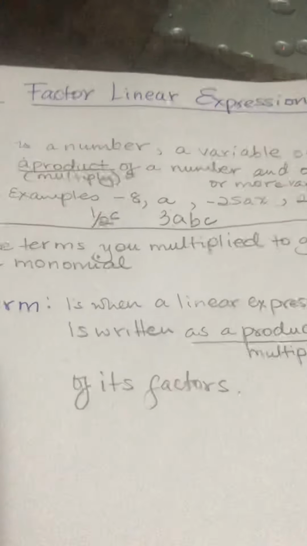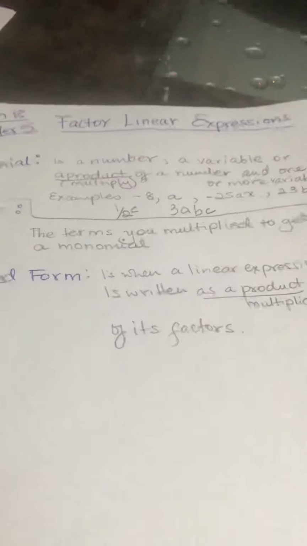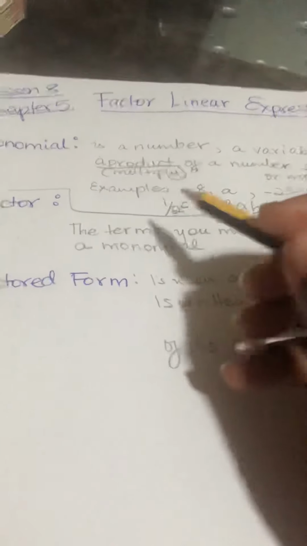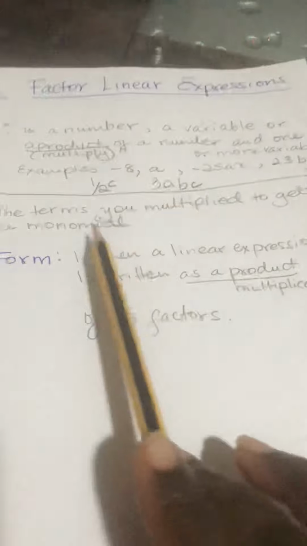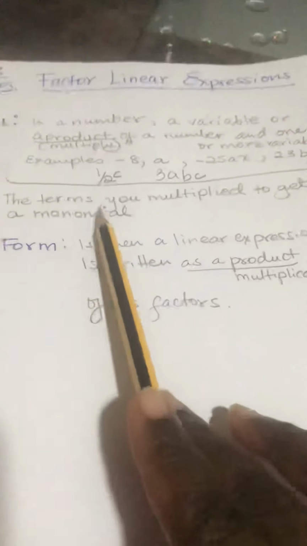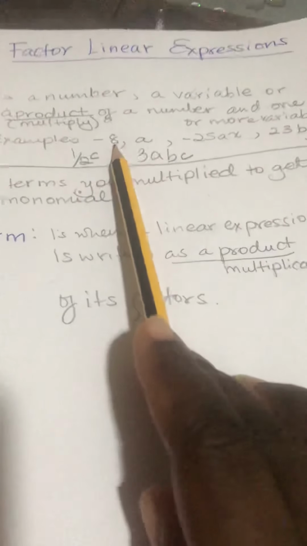Do we understand? Now, what is a factor? Remember, factors of 6, numbers that I multiplied to give me 6. So in this lesson, when I tell you to factor, I am asking you for the terms that you multiplied to get the monomial. What did I do to get negative 8? I multiplied negative 4 with positive 2. What did I do here to get this answer?